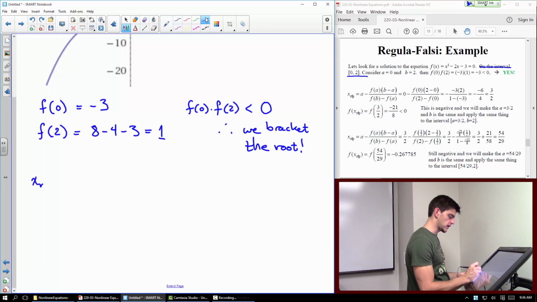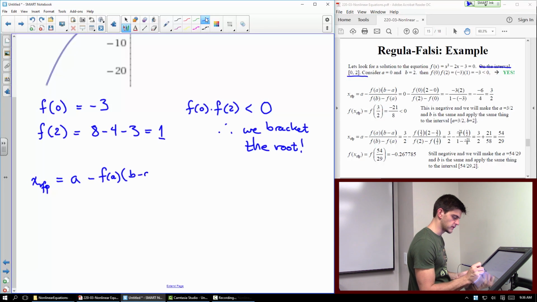The formula for the RFP point, or for the Regula Falsi point, is A minus f of A times B minus A all over FB minus FA.